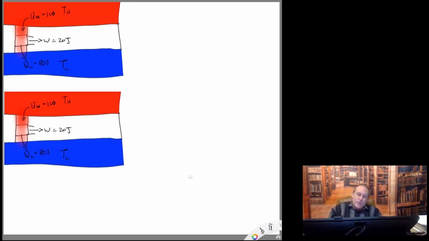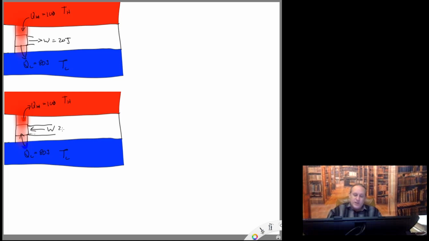Okay, so when we reverse this machine, we have now a work input, and the heat is going to flow into the hot place and flow out of the cold place.